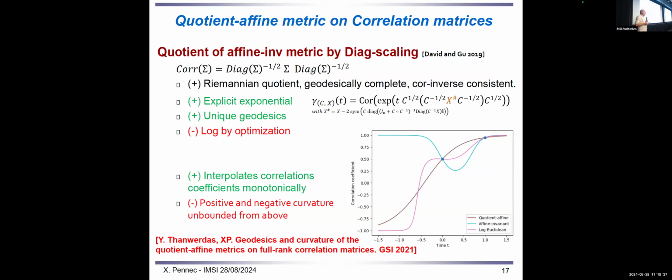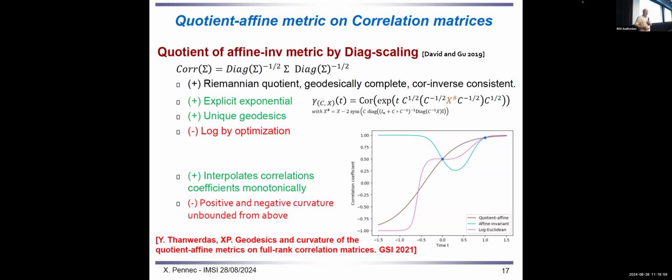There is an answer, which is to say, yeah, if we don't start with the Euclidean metric, but we consider this quotient space by the action of the diagonal, if we start with the affine invariant metric, then we can design and show that there is a well-posed metric in the quotient space, which is called the quotient affine metric. And it's a geodesically complete space.